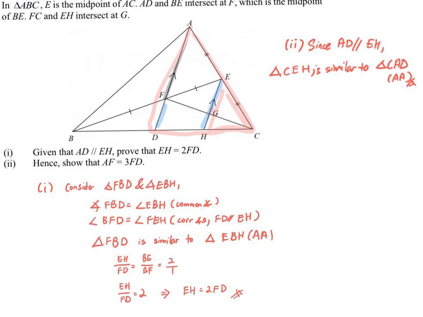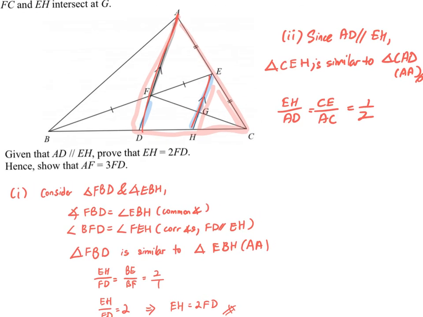You can see that the common ratio here is just 2, because E is the midpoint of AC, so the ratio of EC over AC is 1 to 2. So if we consider EH over AD, this is the same as CE over AC, which is half.